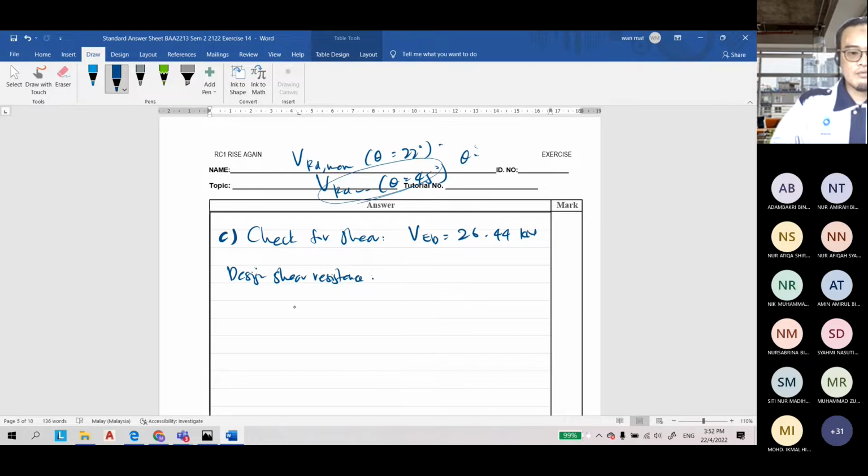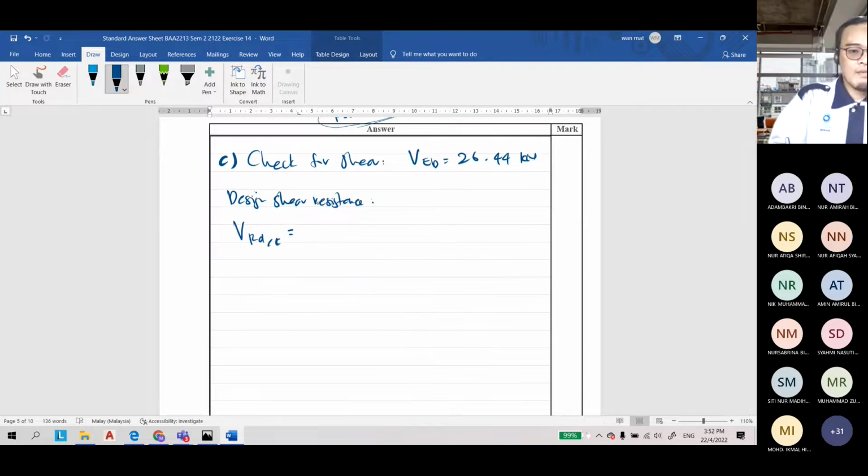So the design shear resistance VRD,c, the capacity of concrete to resist the shear, is equal to, in brackets, 0.12 K times (100 times rho 1 times fck) times bd.